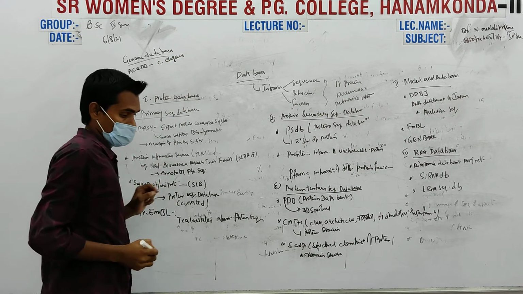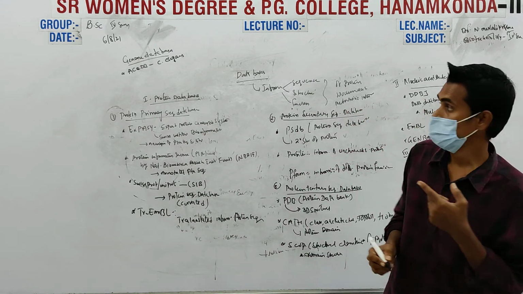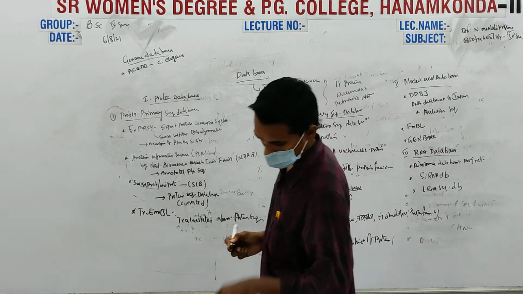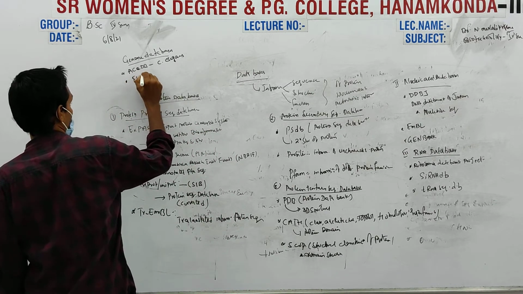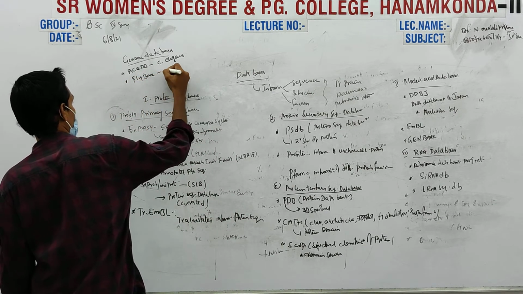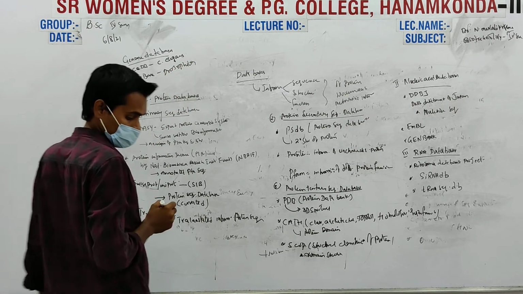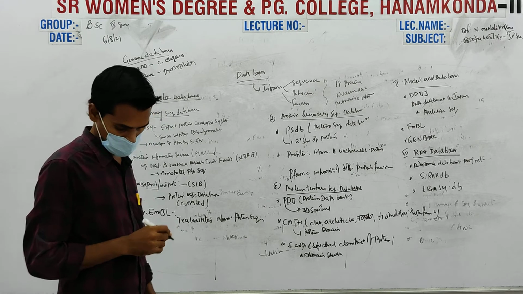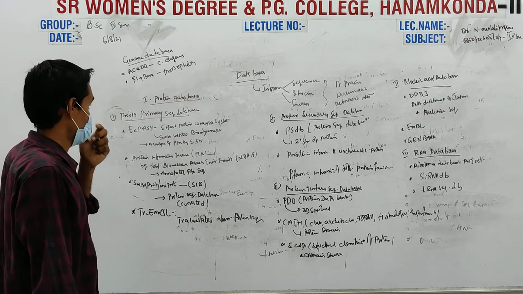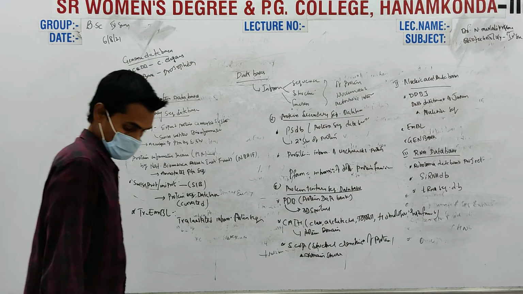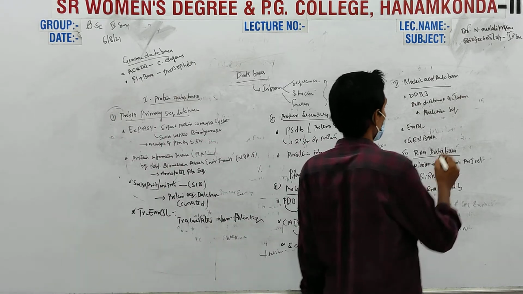So the genome information of Caenorhabditis elegans is present in ACEDB. Next, FlyBase, which contains information about Drosophila. So these are about genome databases. Next, we have metabolic databases.